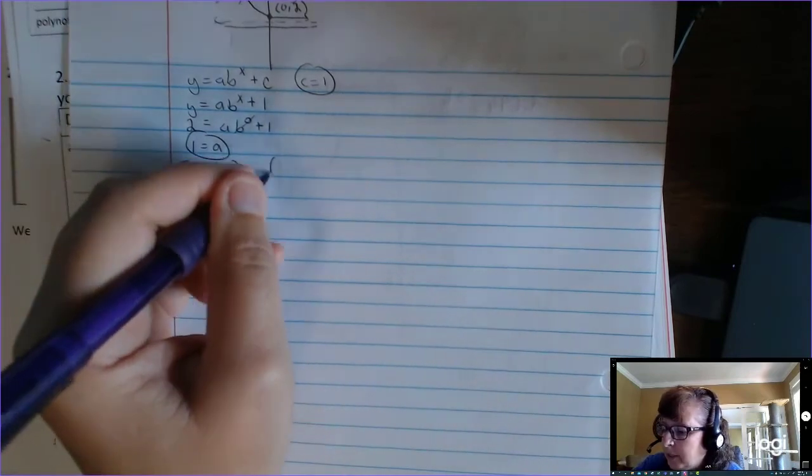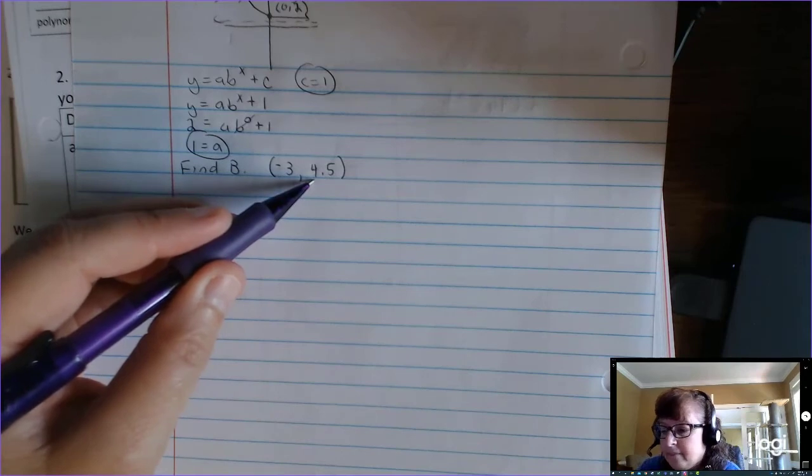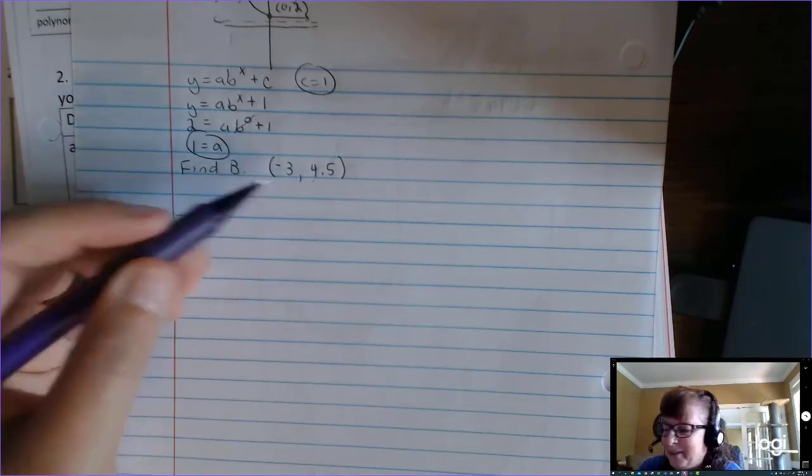All right, the b is always the harder algebra. So remember, to find b, you want to pick a point, and the point given is (-3, 4.5). I would immediately change that to 9/2, but you probably won't want to.